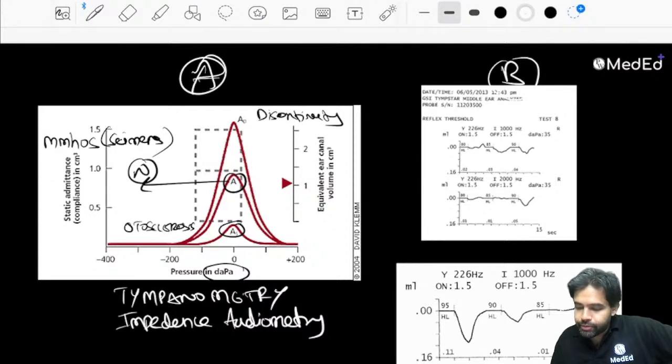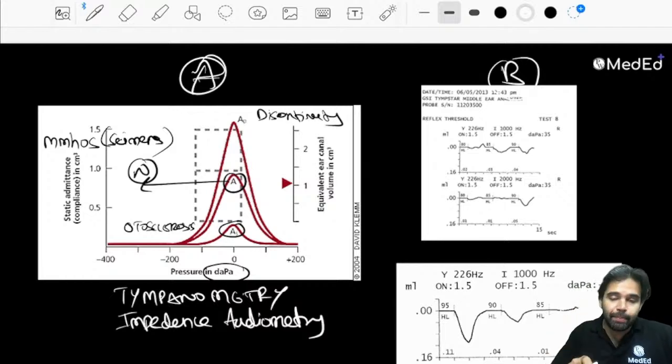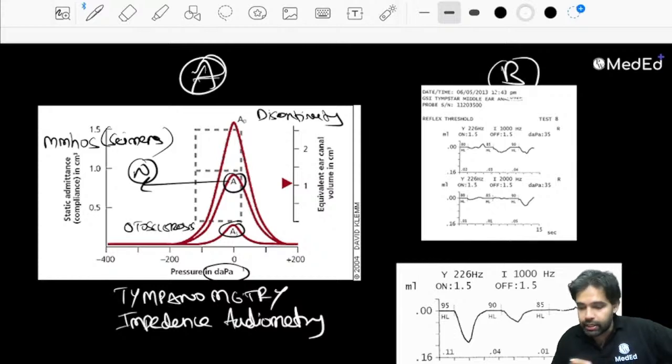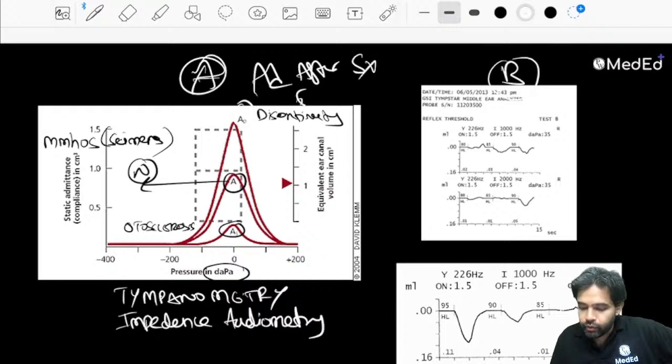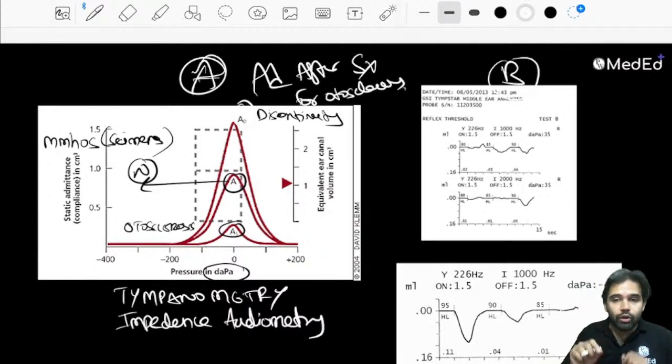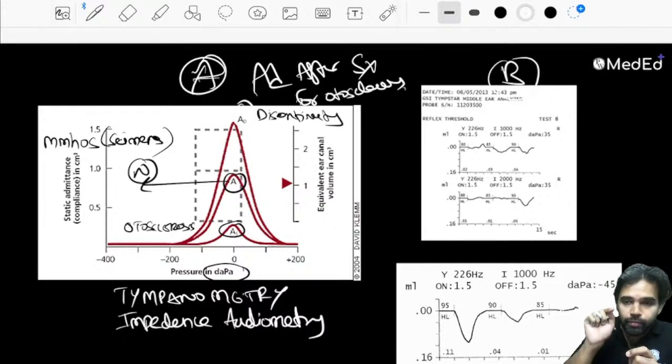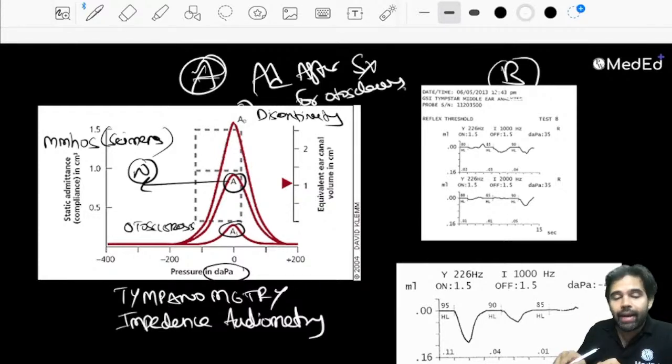Also, a very important MCQ is asked after otosclerosis surgery, where you do stapedotomy. What kind of impedance audiometry will you see? That time you will see AD. AD is seen after surgery for otosclerosis. Don't think that after you do the otosclerosis surgery, it will come back to normal.